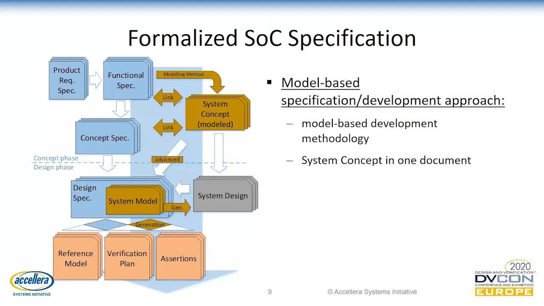And as I told you, we get by this a better traceability. We get a machine-readable format, and this enables at first the generation maybe for implementation, but also it enables the generation for our verification.